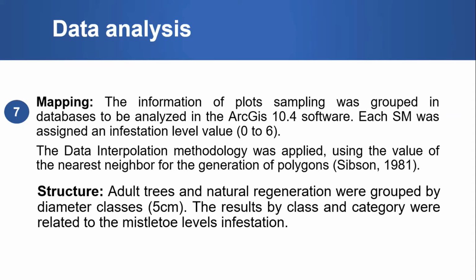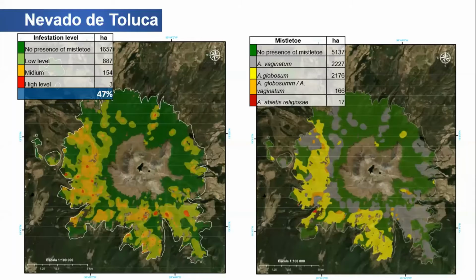And now we show the results of this work. For example, in Nevado de Toluca, we have close to 47% of the surface of the forest with this problem.